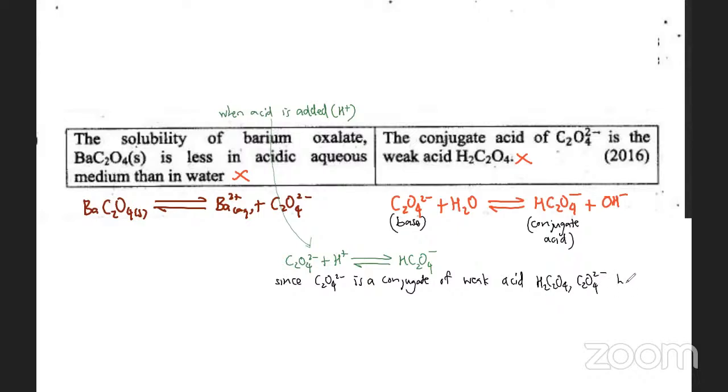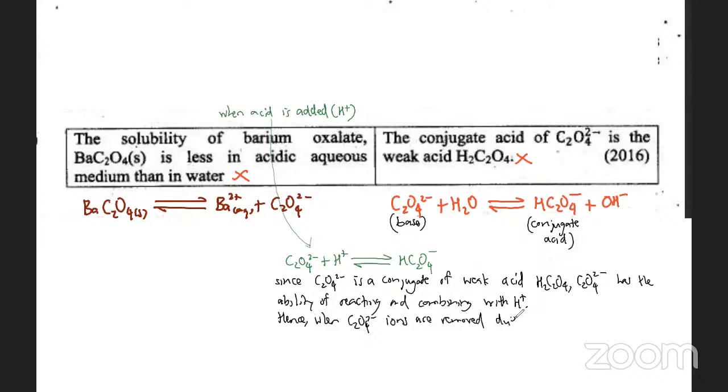C2O4 2 minus has the ability of reacting with H plus, or combining with H plus. So what will happen when C2O4 2 minus ions are removed due to the addition of H plus?